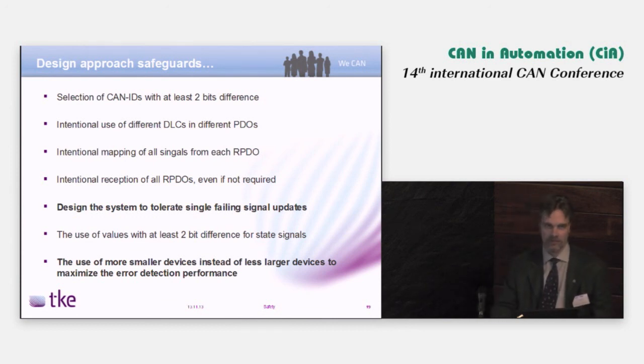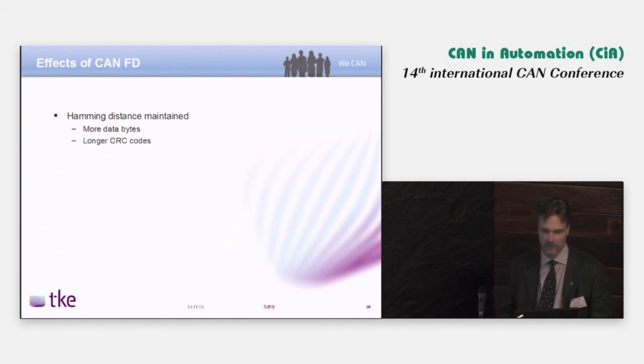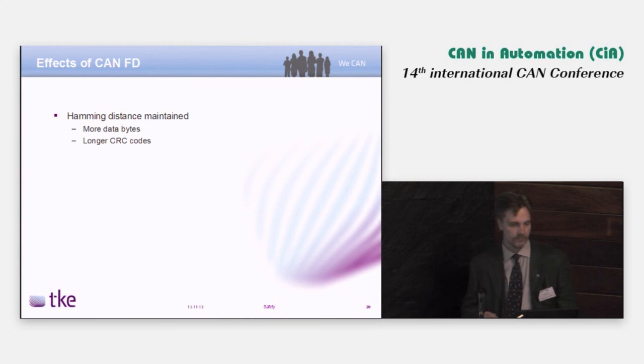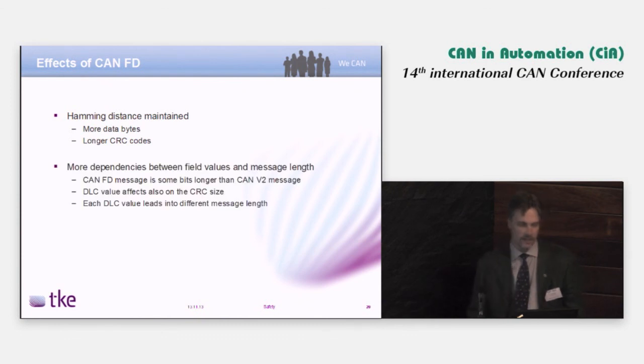And then, because the main focus of yesterday and today is CAN FD, we put a little effort also into that. The good thing is that the Hamming distance is maintained, and actually there is a slight improvement because all DLC values produce different frame lengths.